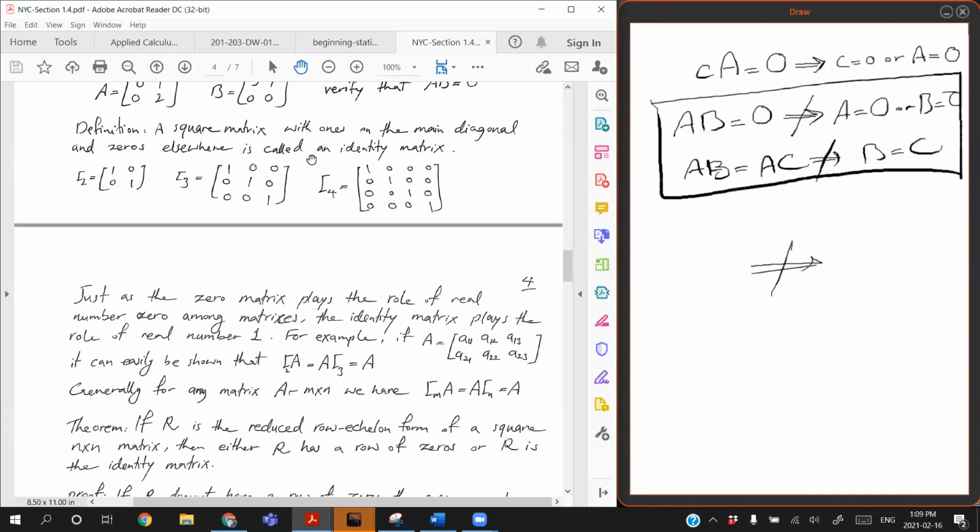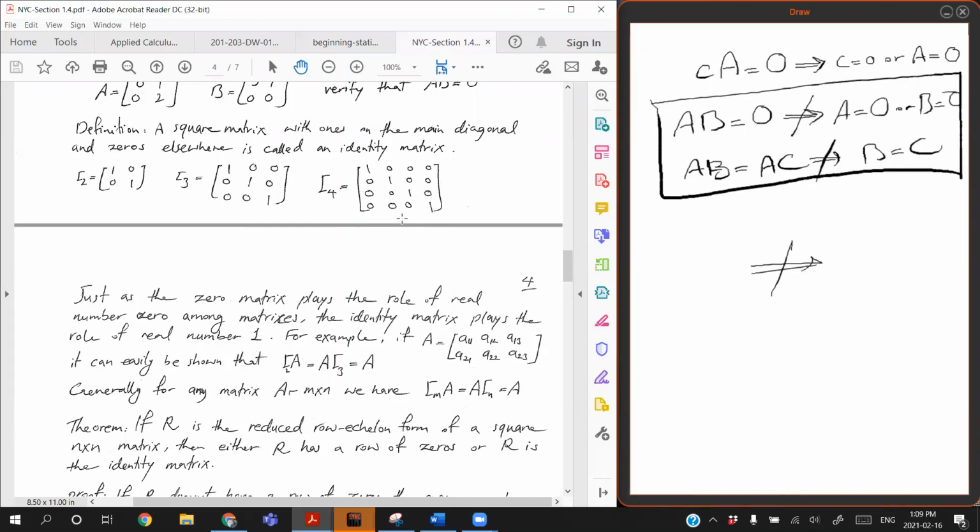Okay. So next we talk about the identity matrix. As I said, the identity matrix plays the role of 1 among matrices. This is I2, the 2 by 2 identity matrix, I3, the 3 by 3 identity matrix, I4, the 4 by 4 identity matrix.